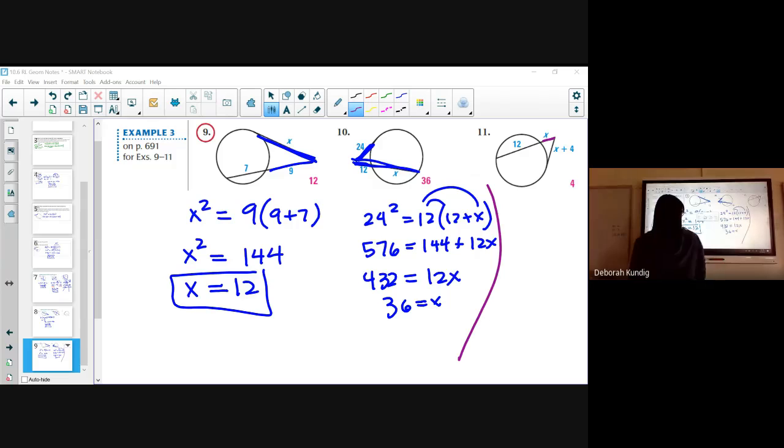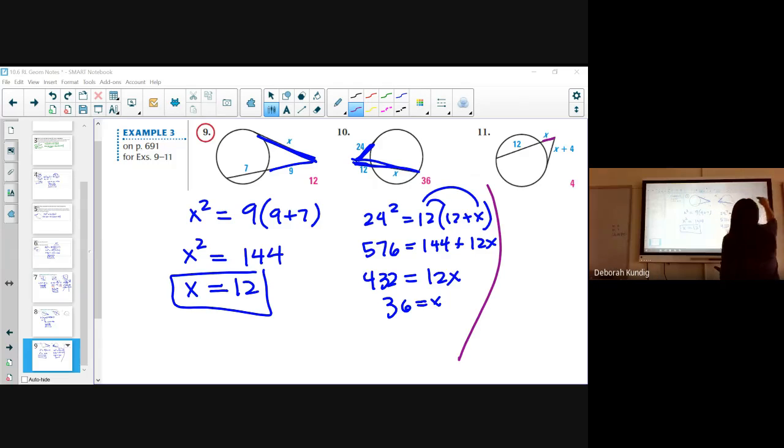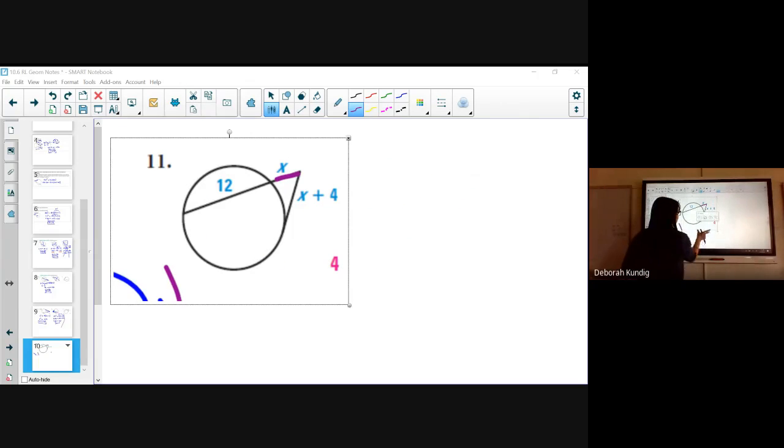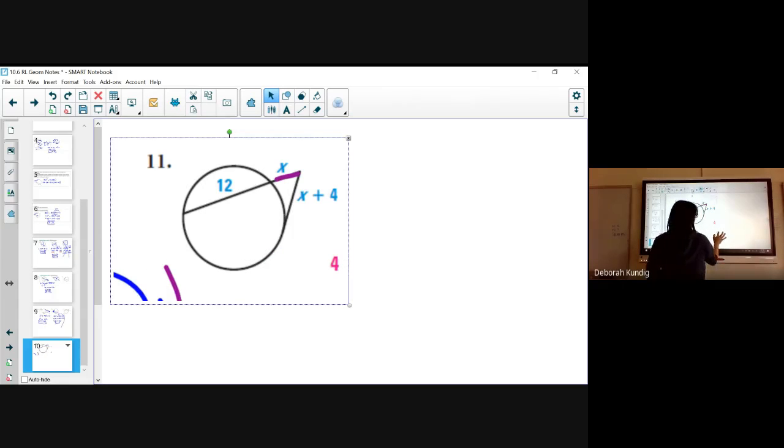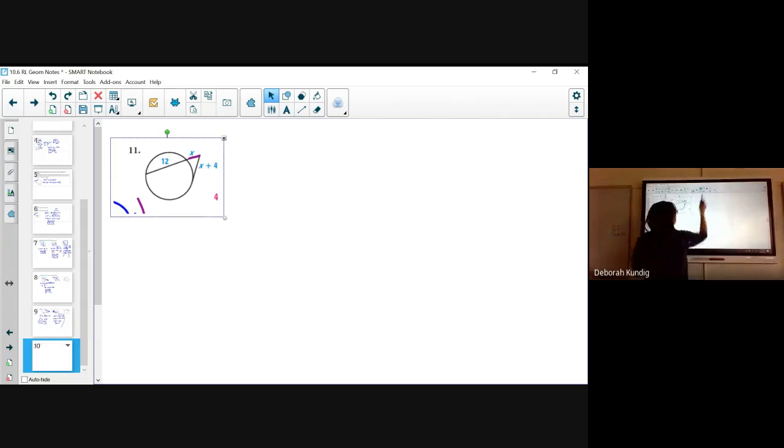Didn't I do it? New page. Here it is. Okay. Of course. All right, so then this one.